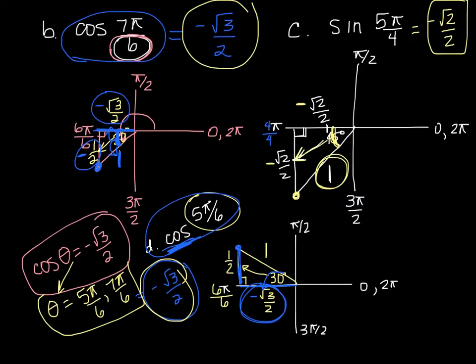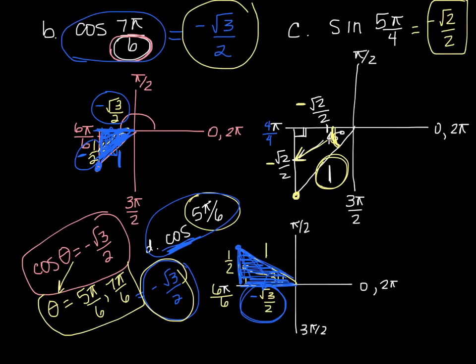Here was the triangle in the previous one, x value is negative, and it has a 30-degree reference angle. And here's the triangle in the one we just did, where again the x value is negative, I'm in the second quadrant, and the reference angle is 30 degrees. So the 5 pi over 6 and 7 pi over 6 triangles both get me the same cosine ratio.